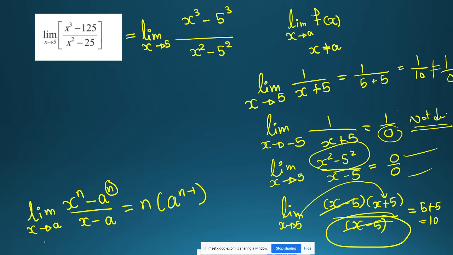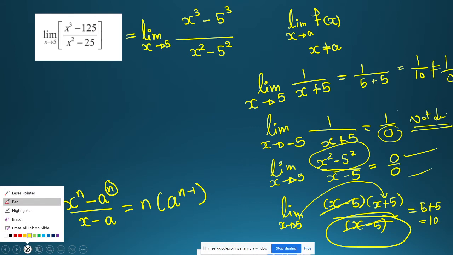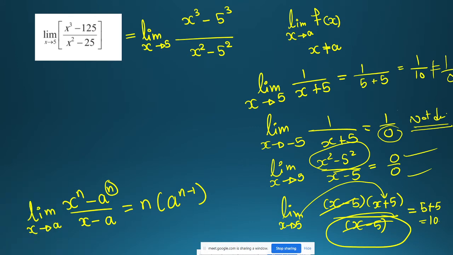The answer should be no. Why? Because in the formula, what we observe is over here we should have x minus a. But in this case, the denominator is nothing but x square minus 5 square. We just want x minus 5. Can anybody think how I can get that x minus 5 in this case?